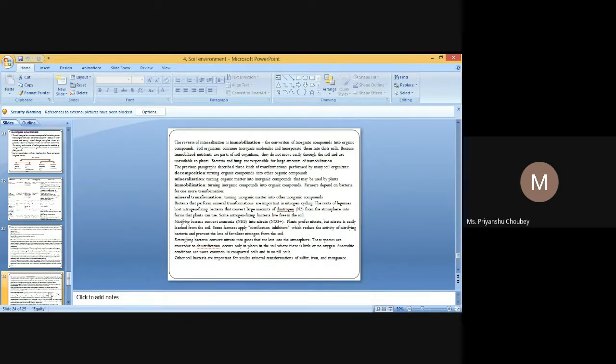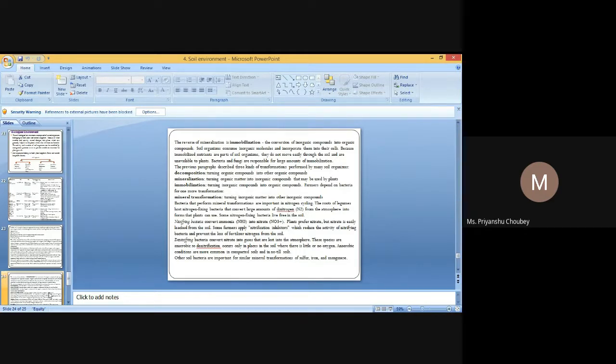The previous paragraphs described the three kinds of transformation performed by soil organisms: decomposition, turning organic compounds into other organic compounds; mineralization, turning organic matter into inorganic compounds that may be used by plants; and immobilization, turning inorganic compounds into organic compounds.